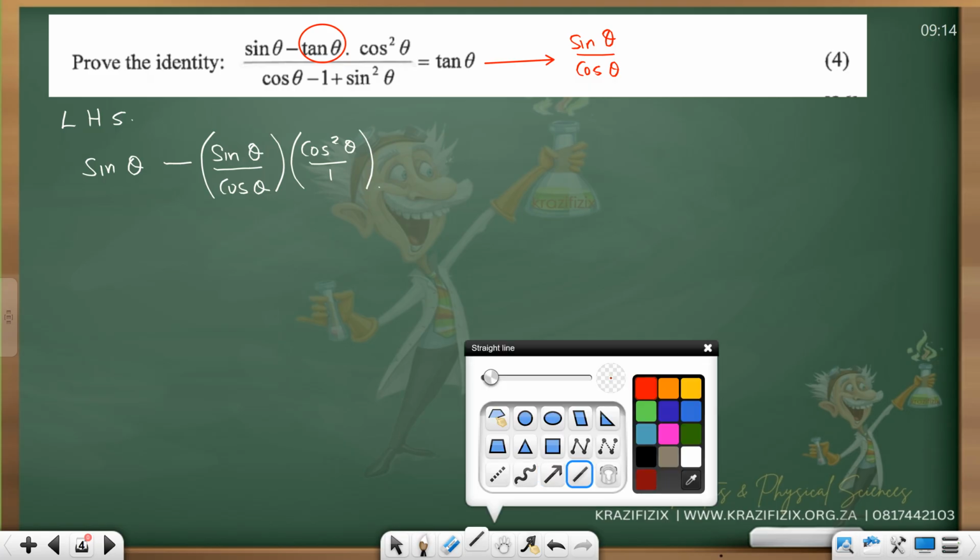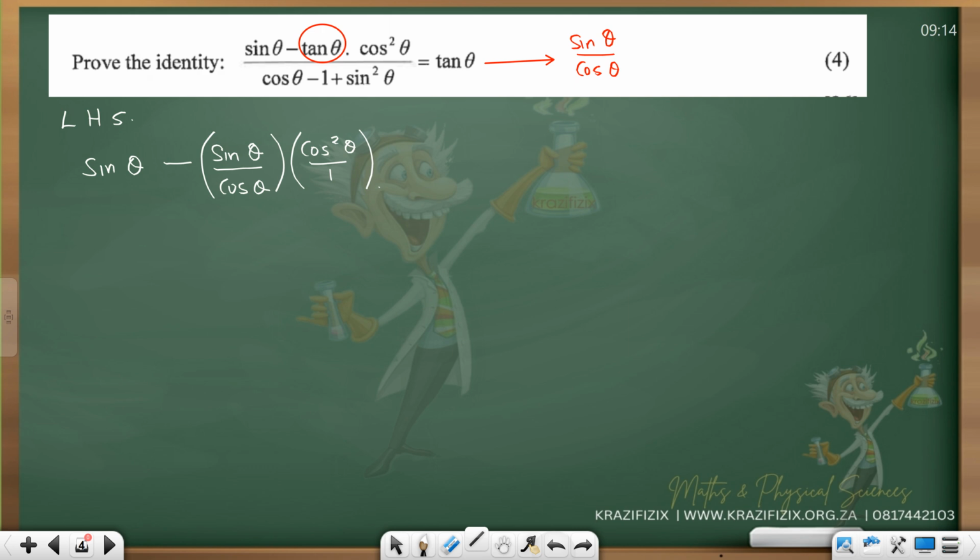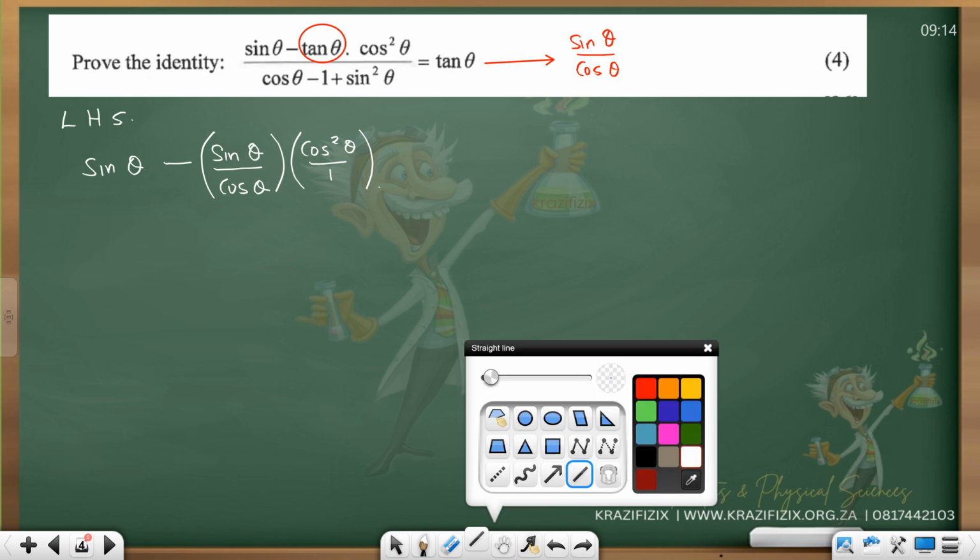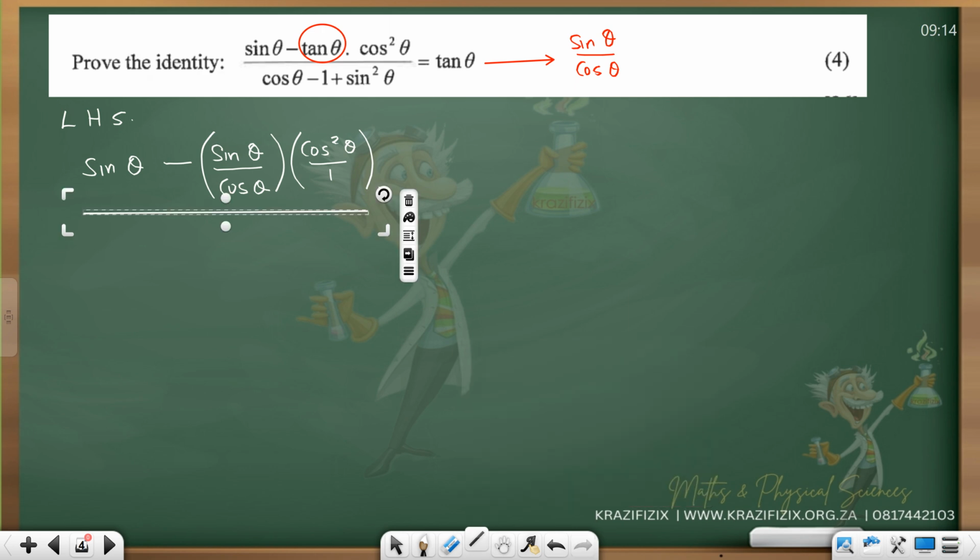Let's see where we're going to get to. What do you notice? I am seeing a 1 and I'm also seeing a sine squared theta. Don't forget what my 1 and my sine squared theta will be.